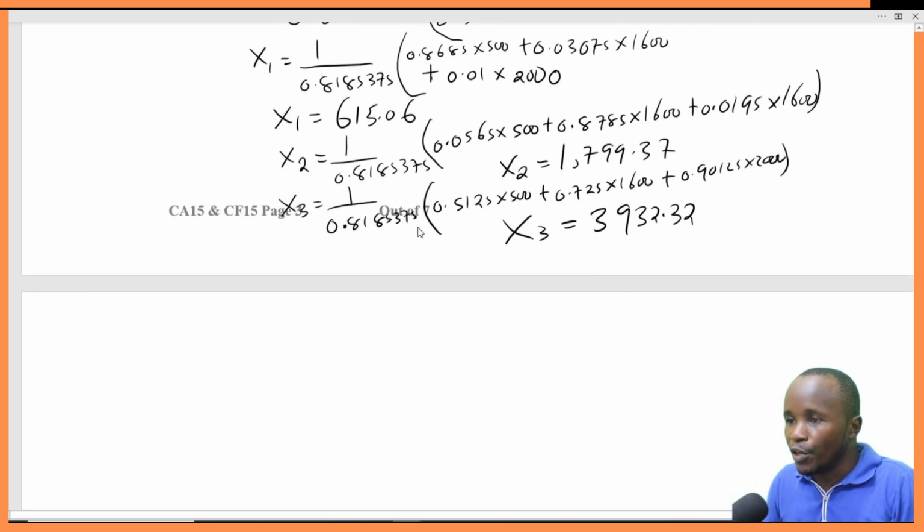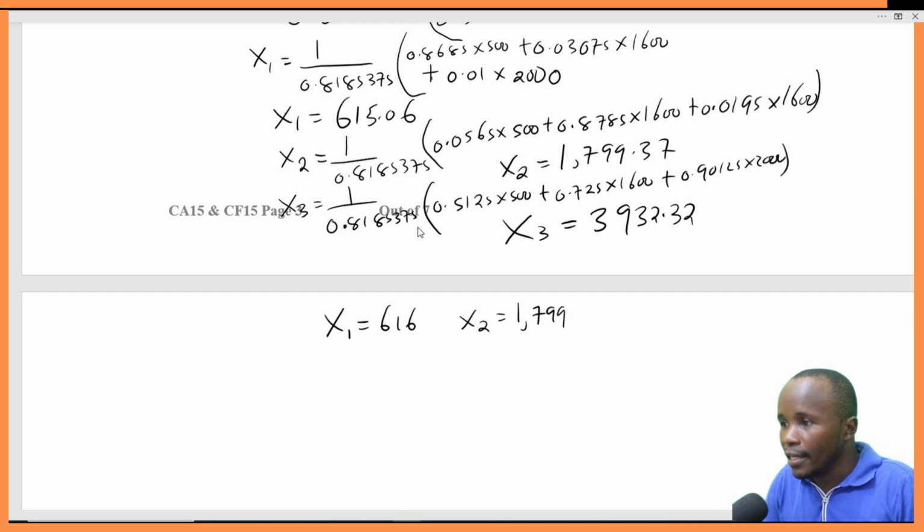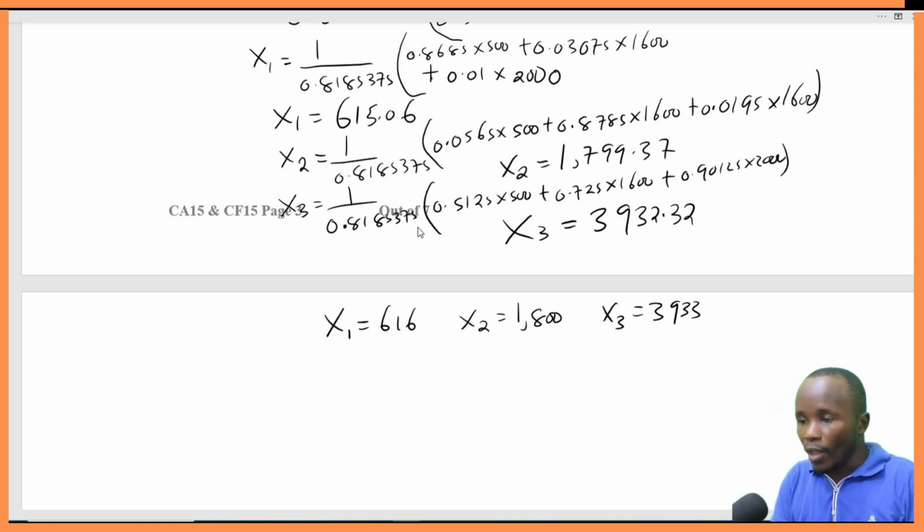So X1 will be 616. Then X2 will produce 1,799, round off this gives 1,800. And finally, X3 will give you 3,933.